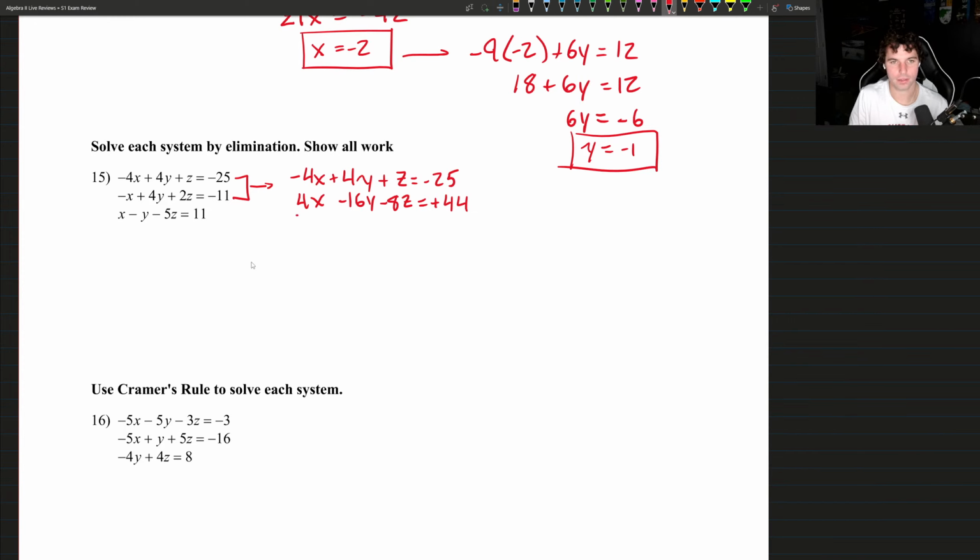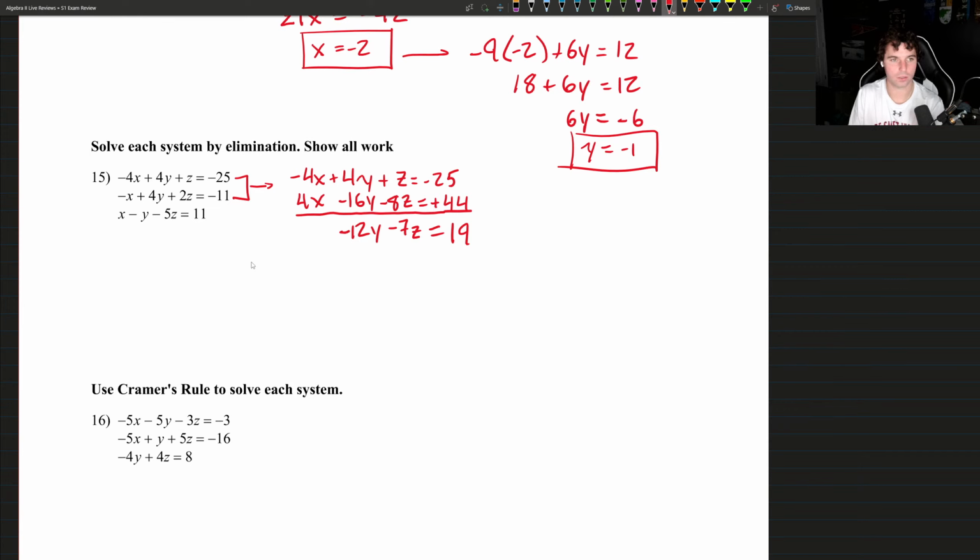And when we do this and add them together, we get -12y minus 7z is equal to 19. Okay, so that's the first half of the first part, right?